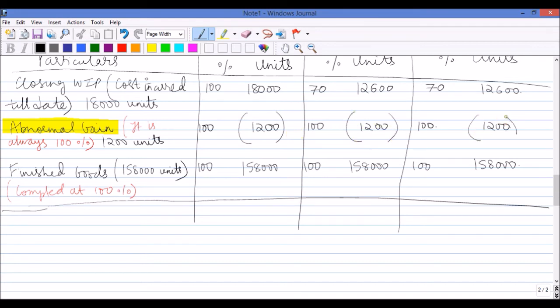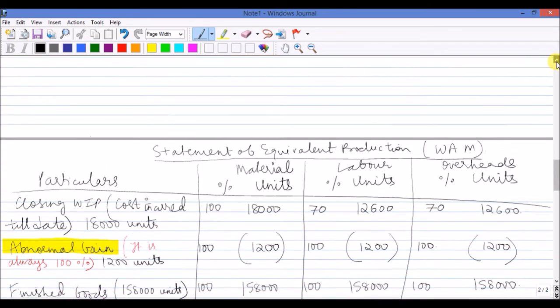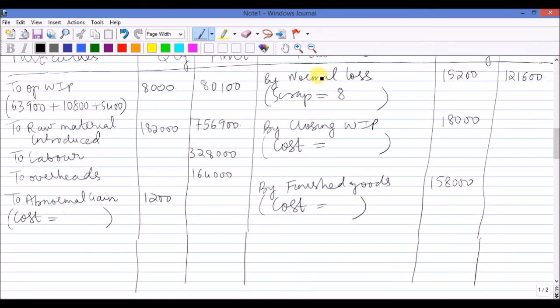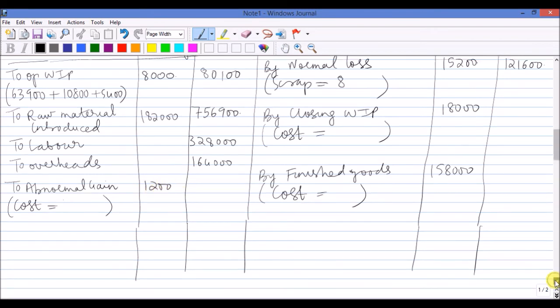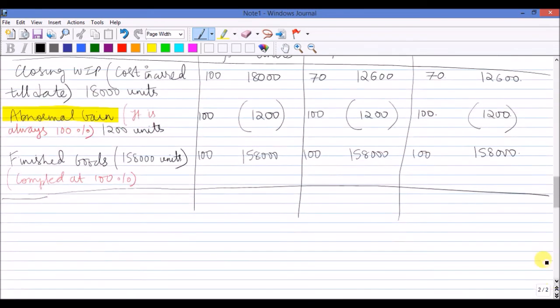Now the question would arise, why should I subtract abnormal gain? If you see, friends, there is normal loss, there is closing work in progress, there is finished goods, and then there is abnormal gain. So closing work in progress and finished goods are on the same side, and the abnormal gain is on the other side. So you need to subtract the abnormal gain, and abnormal loss we need to add. So abnormal gain units you need to subtract.